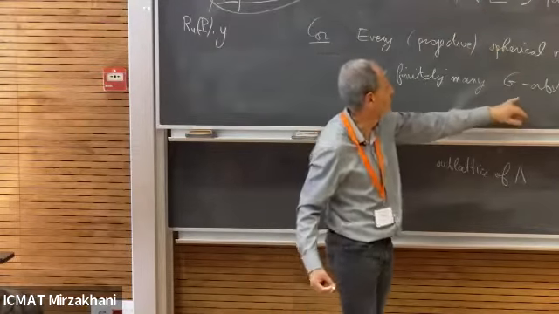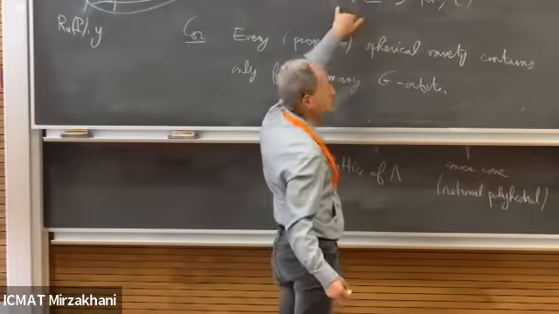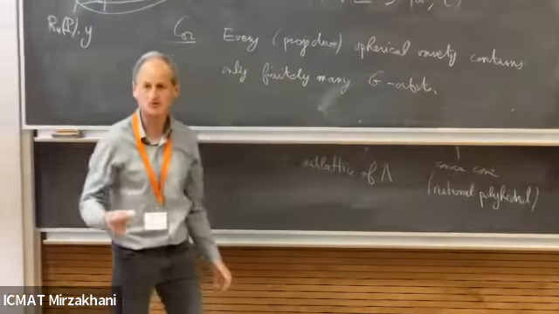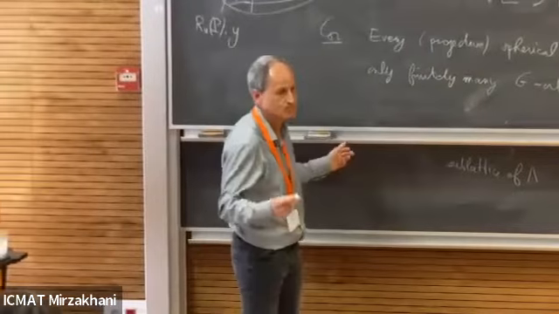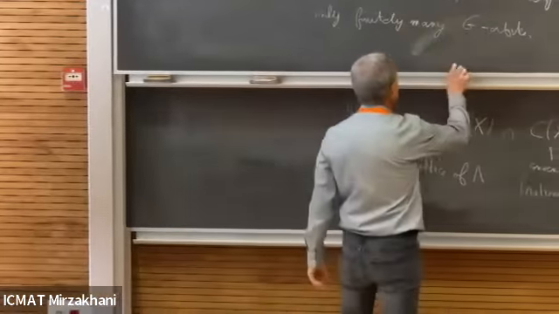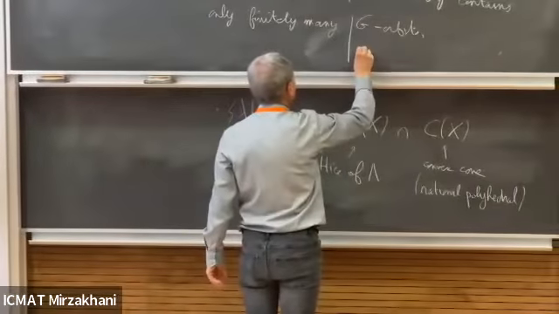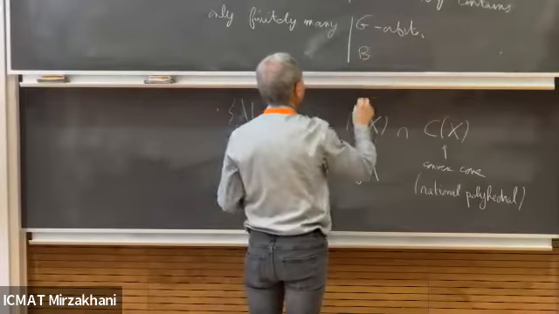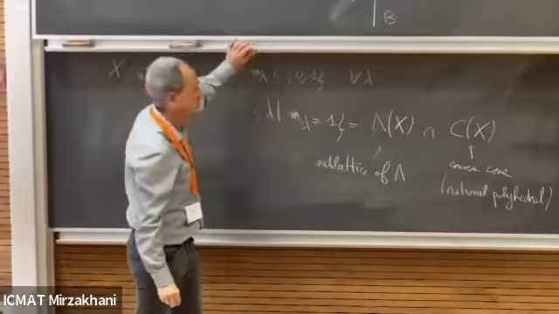You see that you get only finitely many P orbits. So here, by the theorem that I stated, we get the same with B orbits.